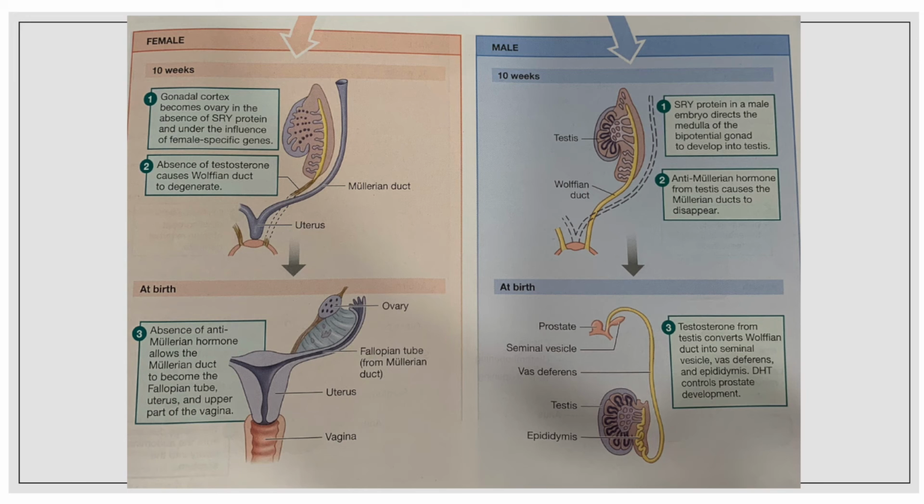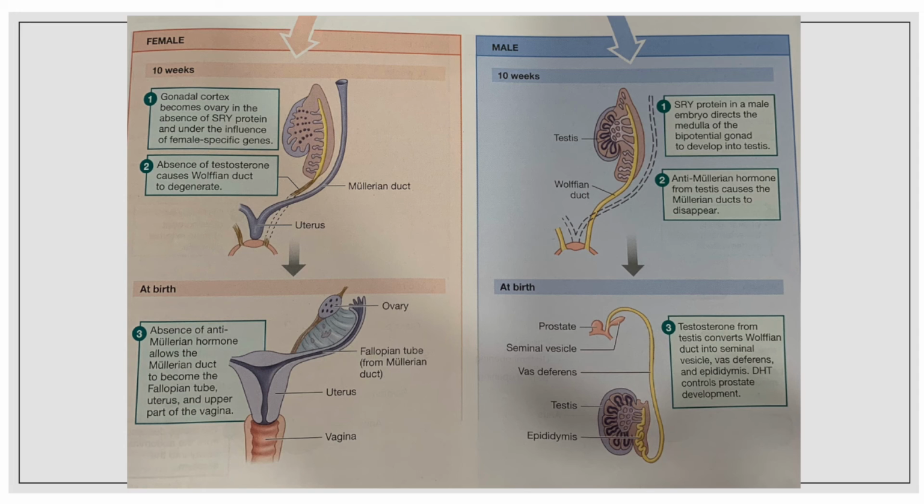Starting with the female, the gonadal cortex then becomes the ovary, and the females have an absence of this SRY protein that we discussed previously, which will result in ovary formation.